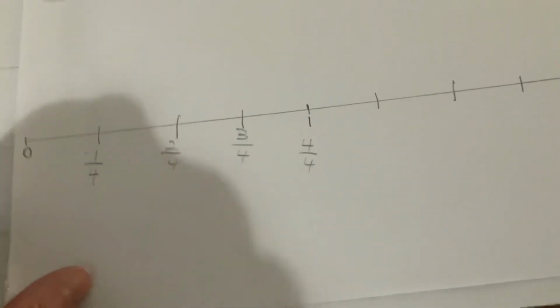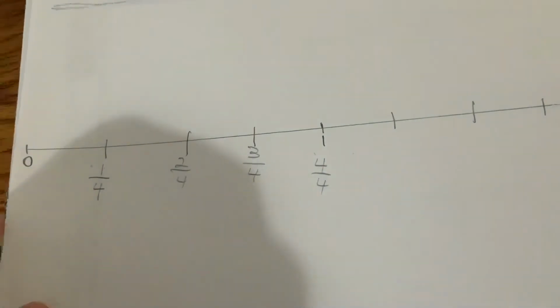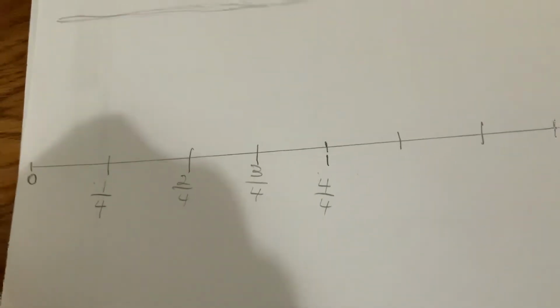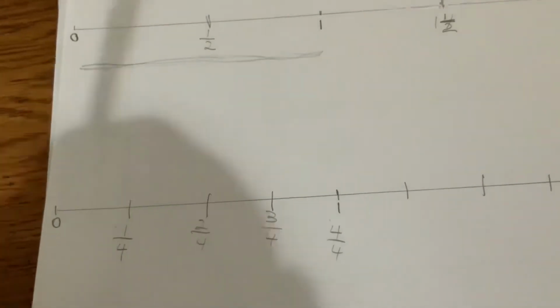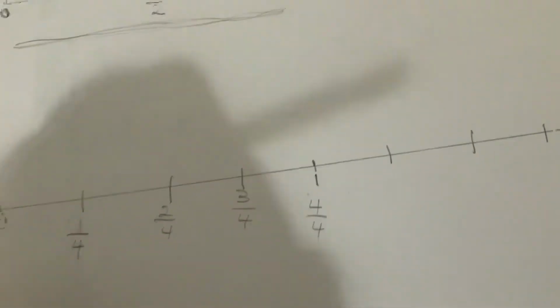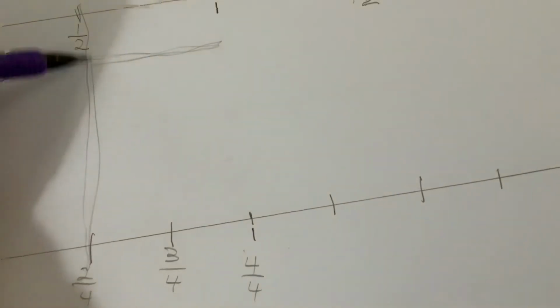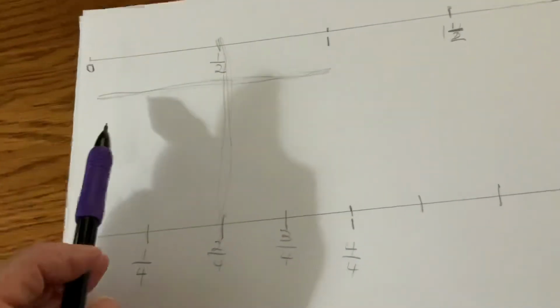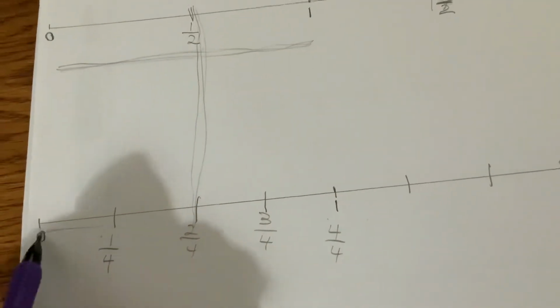Okay, again, this is just something extra that I wanted to show you, something that sometimes will be on the test. One other thing, if you look at this, look where a half is. Here's a half on both lines. Which is bigger, a half or a fourth?